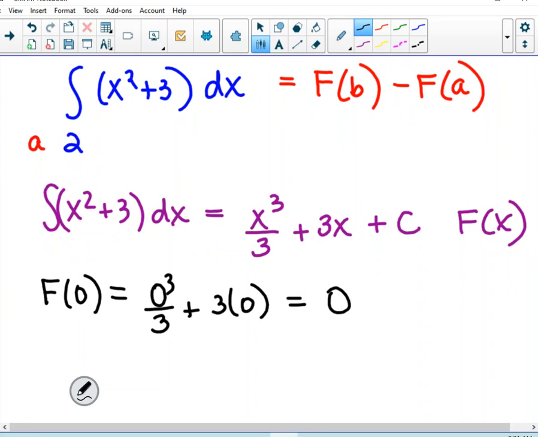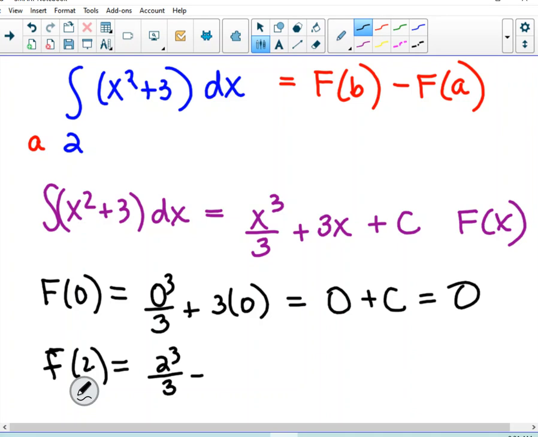Or technically 0 plus C. But we're going to ignore the C. Oops, capital F of 2: 2 cubed over 3 plus 3 times 2 is 8/3 plus 6, which will be something like 18 and 8, carry the 1, 26 thirds.